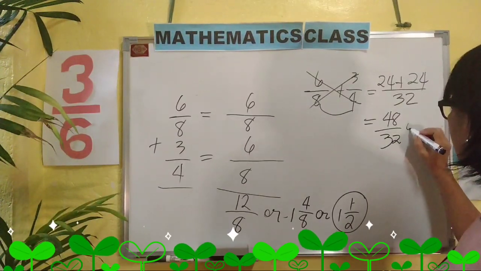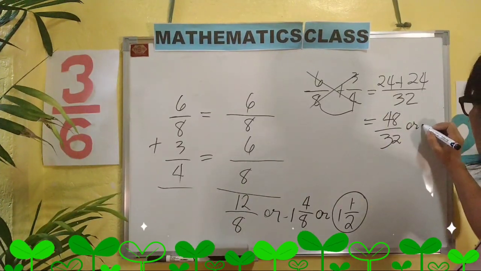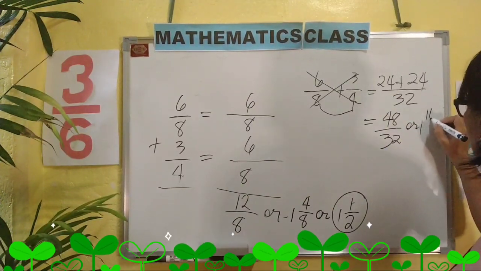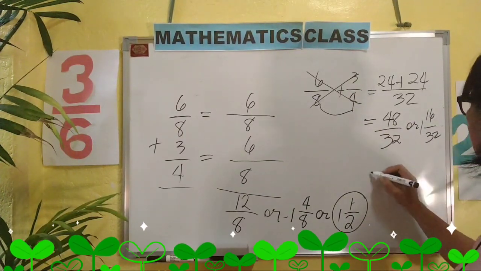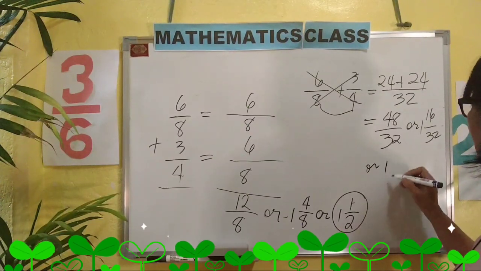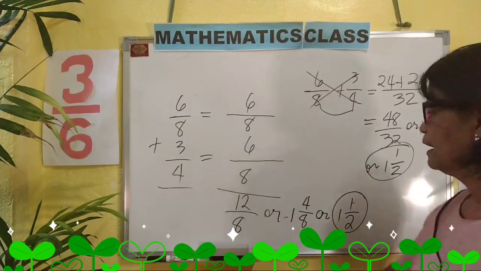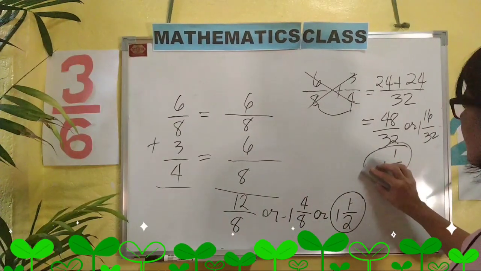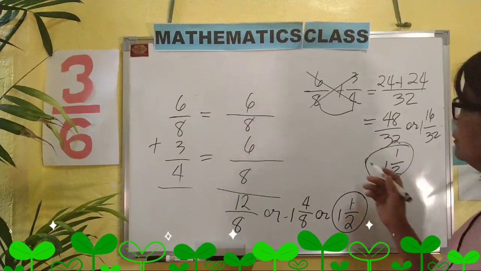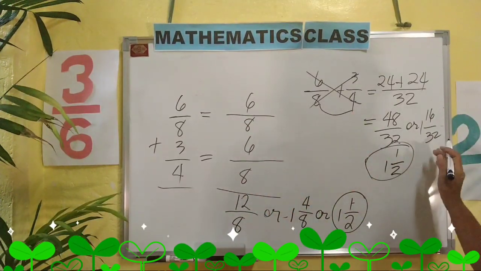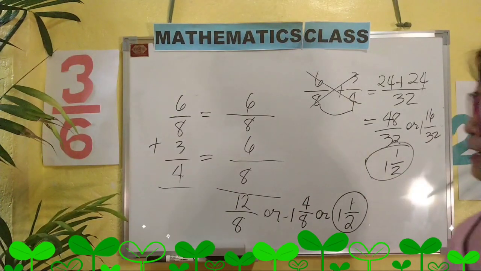Or 48 divided by 32 equals 1 and 16 over 32. Or 1 and 1/2. This is your possible answer. Notice that they are different ways but they have the same answer. Okay?